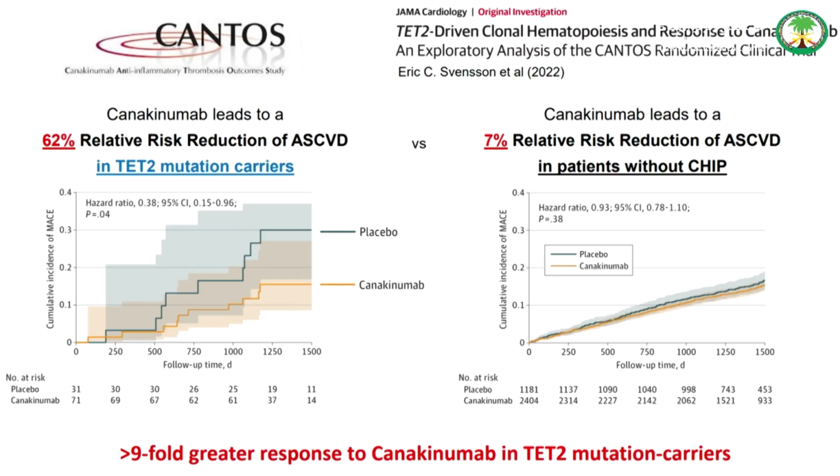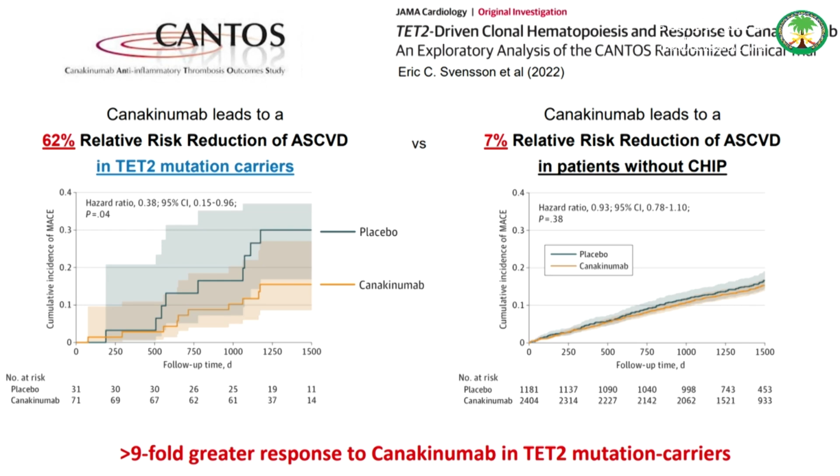But what the investigators were able to show is that, especially patients who had a TET2 clonal hematopoiesis benefited, and this inflammatory response reduction with canakinumab really improved survival of these patients. Here, we're just going through those other data on TET2.